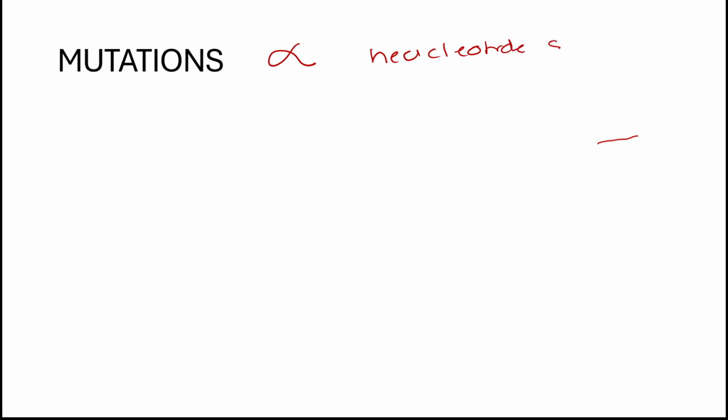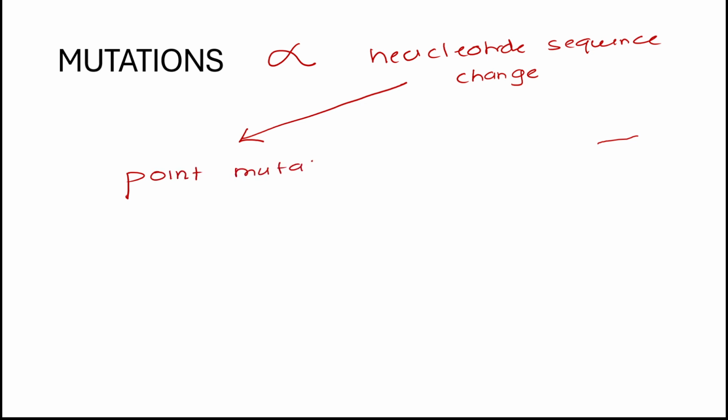Nucleotide sequence change. If this change happens only at a single point or a single base, this is known as a point mutation. In a point mutation, only a single nucleotide base is altered.